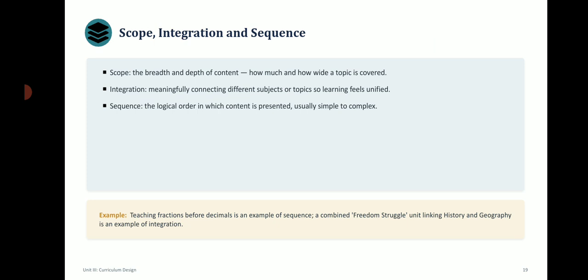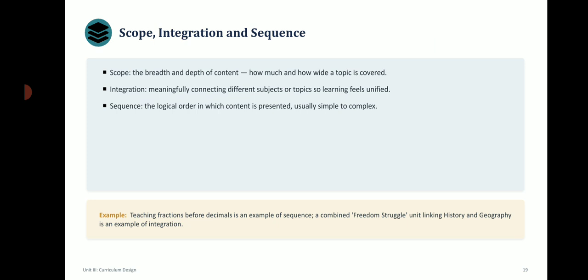But it should be properly related. That's meaningfully connecting different subjects or topics, so learning feels unified. This is integration. First, scope: how much and how wide. Integration is meaningful connectivity.